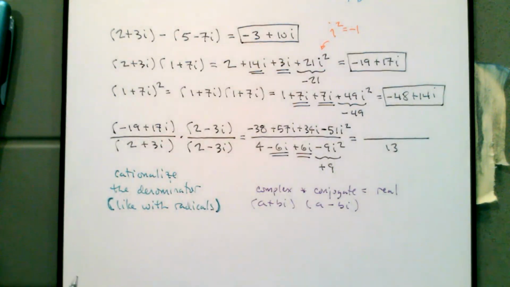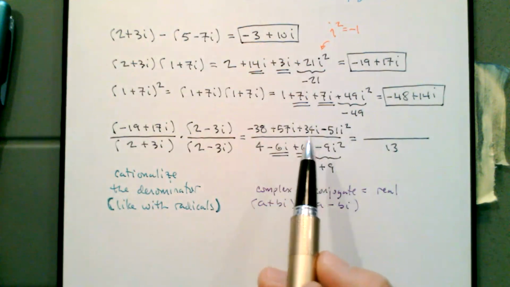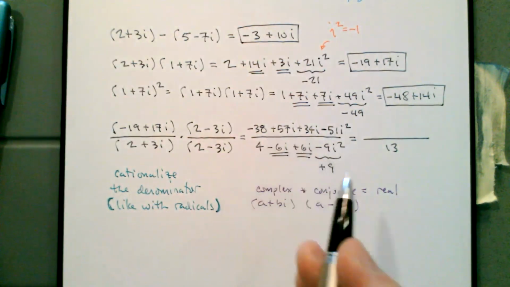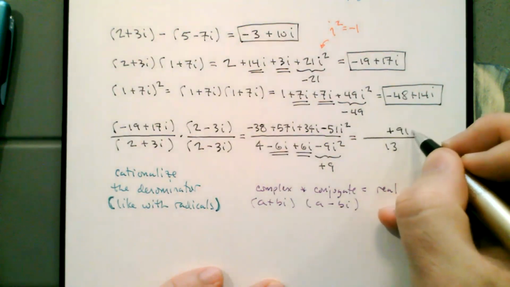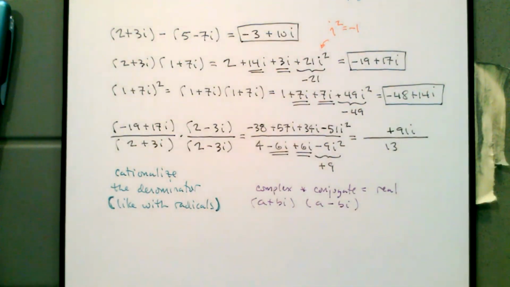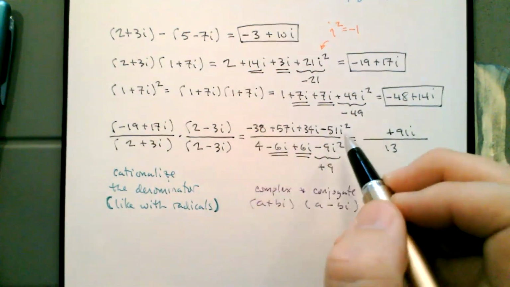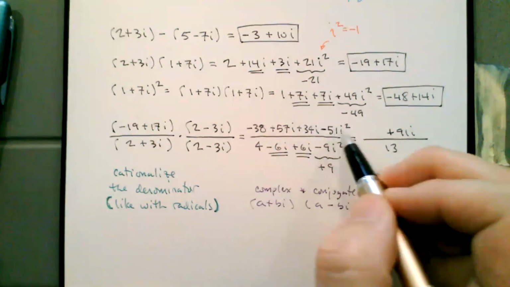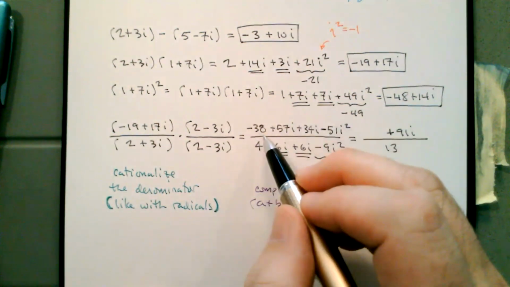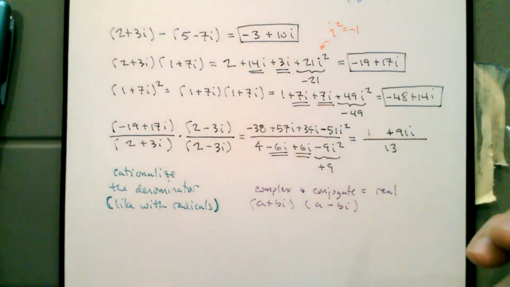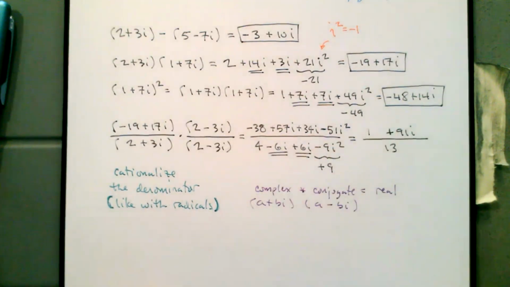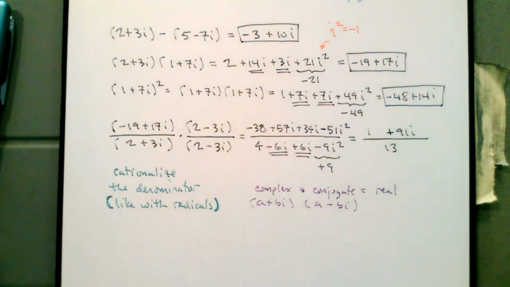We've got like terms. 57 and 34 is 91, so 91i. And negative 38 and 51i squared is plus 51. So 51 minus 38 is 13. How much is that? 51 minus 38.